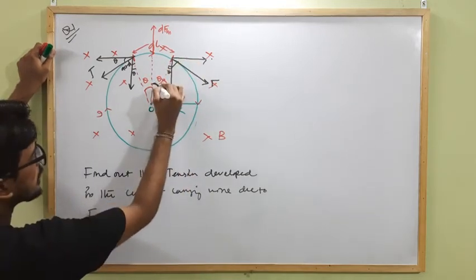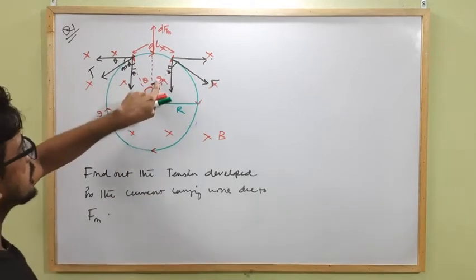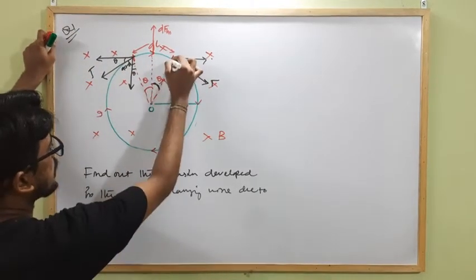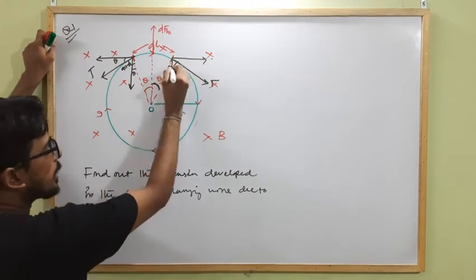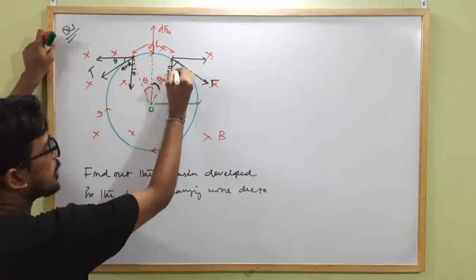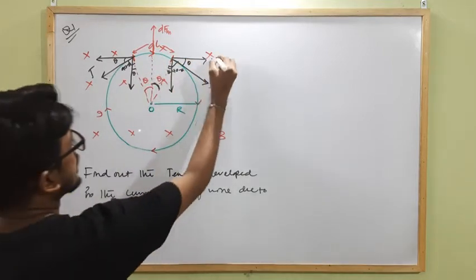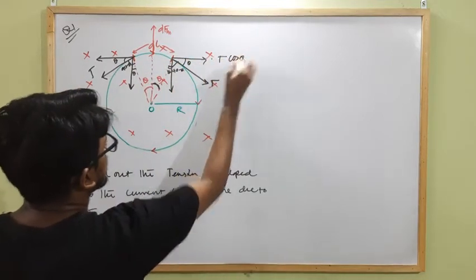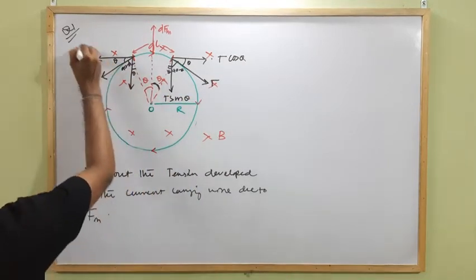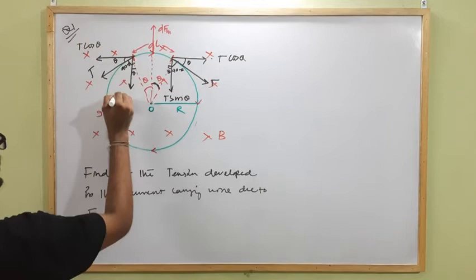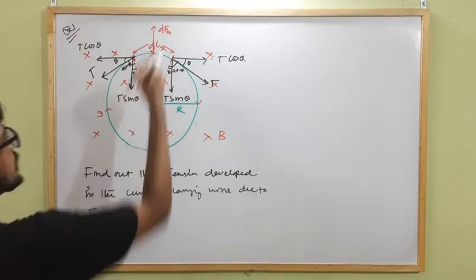So if this is T, it will be T cos theta and T sin theta. Similarly here, T cos theta and T sin theta, and the force is acting along this direction.